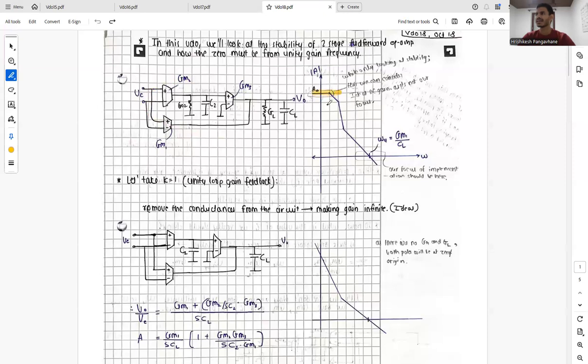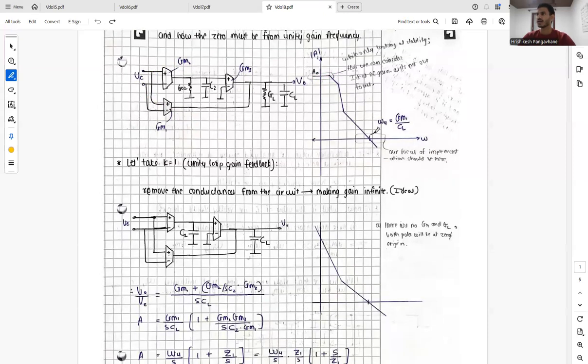So let's take that this is ideal gain, and our point of interest is over these frequencies. This is our omega u, which is basically GM1 by CL, and our focus of implementation should be near this frequency range. So let's take k equals 1.